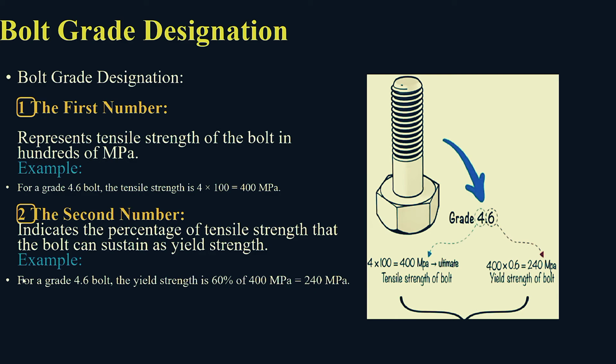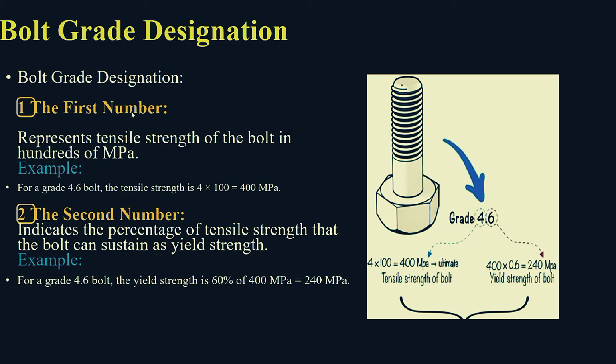Example: for a grade 4.6 bolt, the yield strength will be 60% of 400 megapascal. So it will be concluded as 400 multiplied by 0.6, which is 240 megapascal.